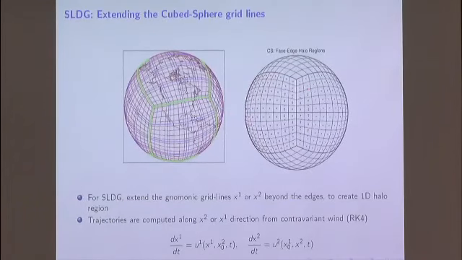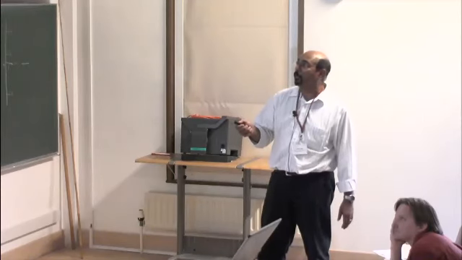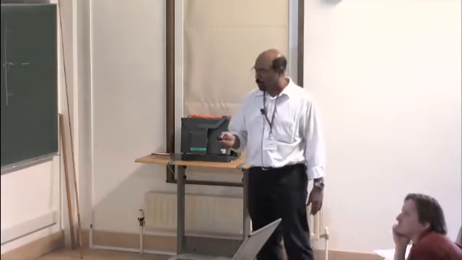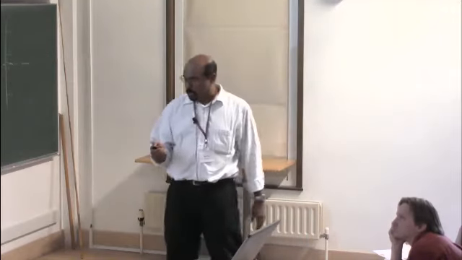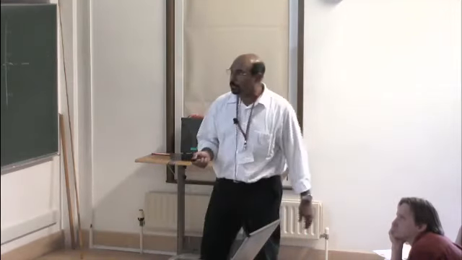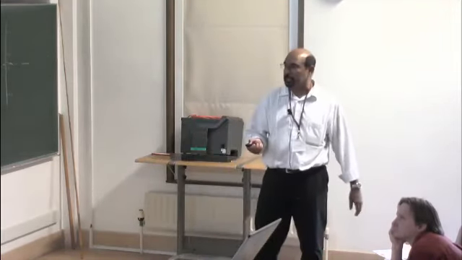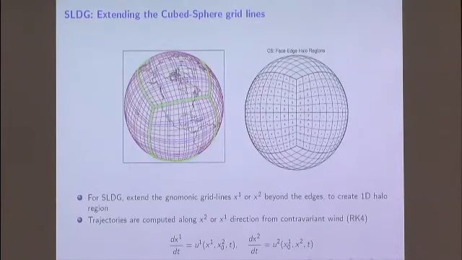You can see the red points here and blue points there. So this is a kind of extension of the grid lines. I solve the trajectory equations along the grid lines using the contravariant wind, so I can find the upstream position in the x1 direction followed by the x2 direction.